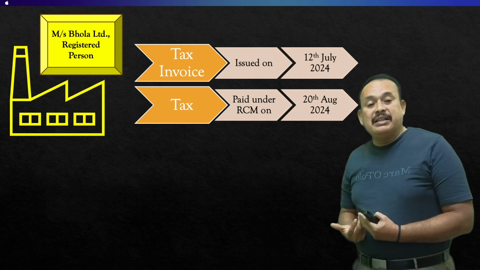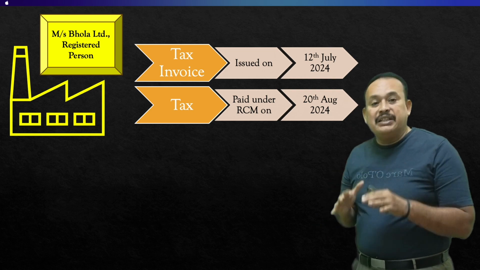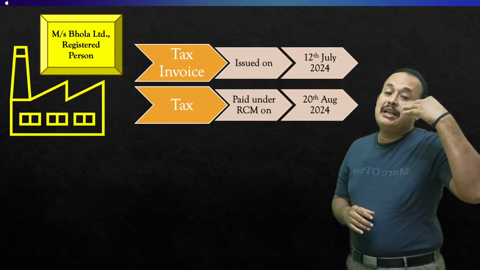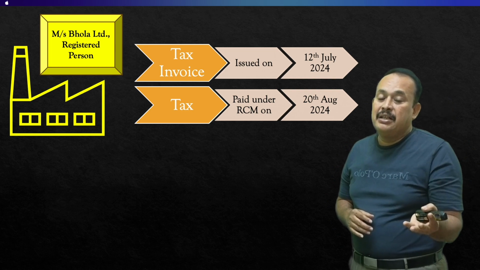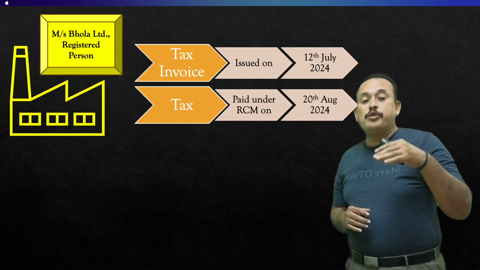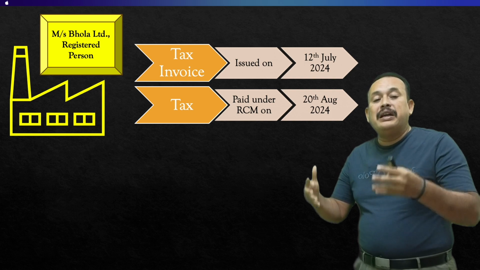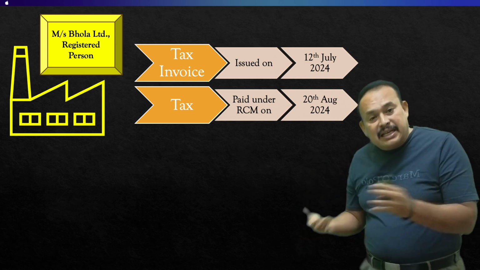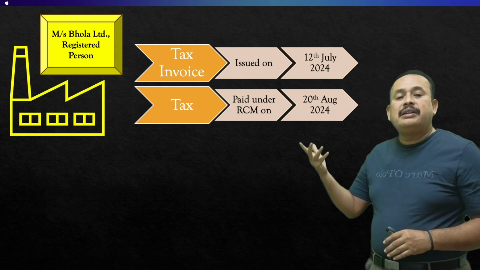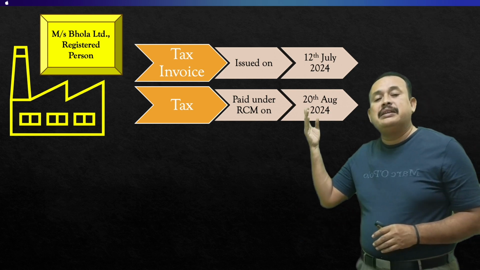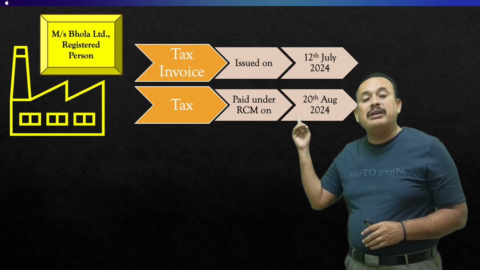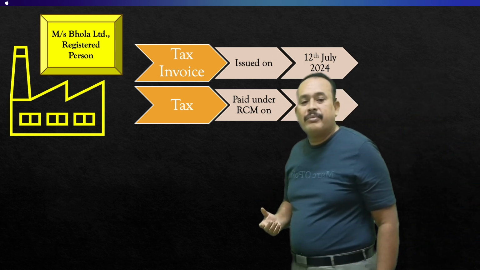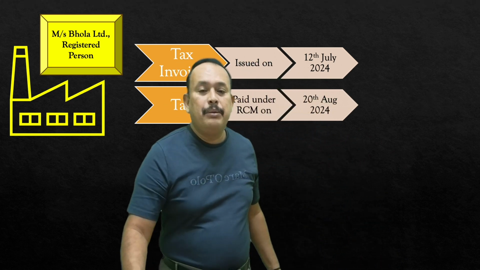They can avail the ITC in that financial year, or by 30th November of the succeeding financial year, namely 30th November 2025, or the date of filing the annual return, whichever is earlier. That is the time limit to avail the ITC of this amount. What they paid under RCM, they can avail as ITC. A big relaxation.